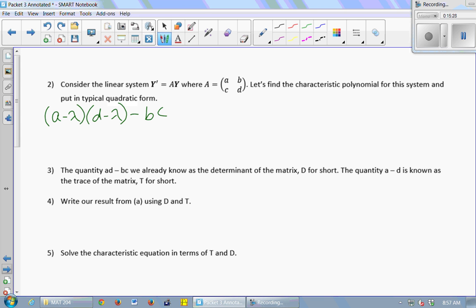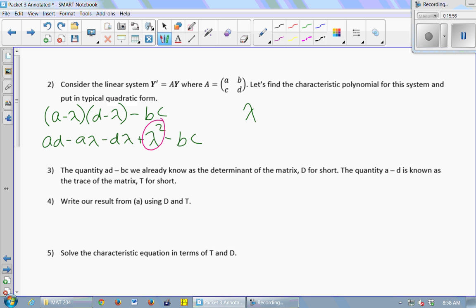All right, now I'm just going to multiply everything out, and I'm going to put this in my typical quadratic form, like something lambda squared plus something lambda plus a constant. If I distribute this all out, I get AD minus A lambda minus D lambda plus lambda squared minus BC. I only have one lambda squared term.